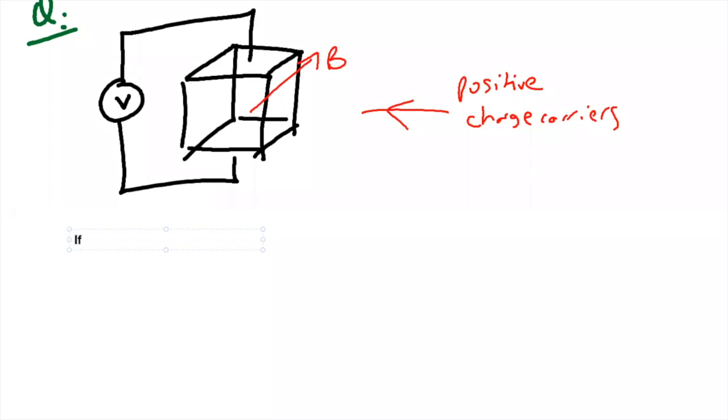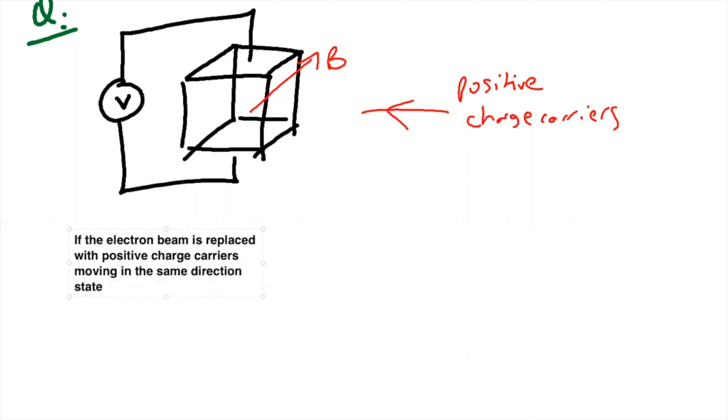If the electron beam is replaced with positive charge carriers moving in the same direction, state and explain the effect on the polarity of VH.